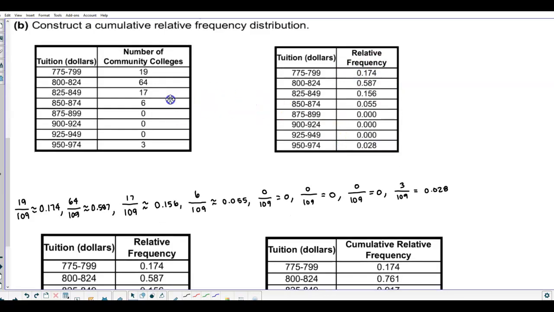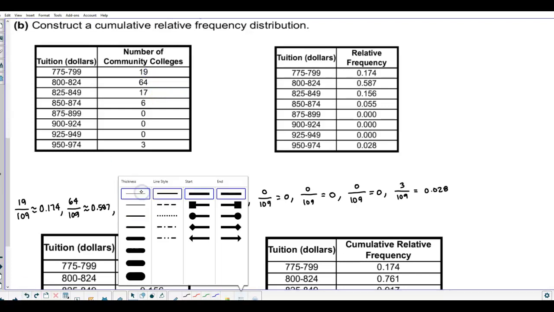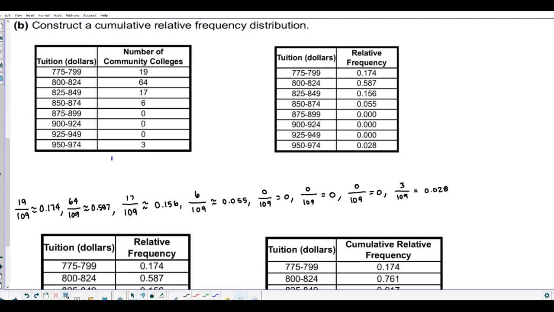So recall that in order to create a relative frequency distribution, we need to take the number of community colleges, the frequency, and divide by the total. So the total here, when we add these up, or the sum, is equal to 109.